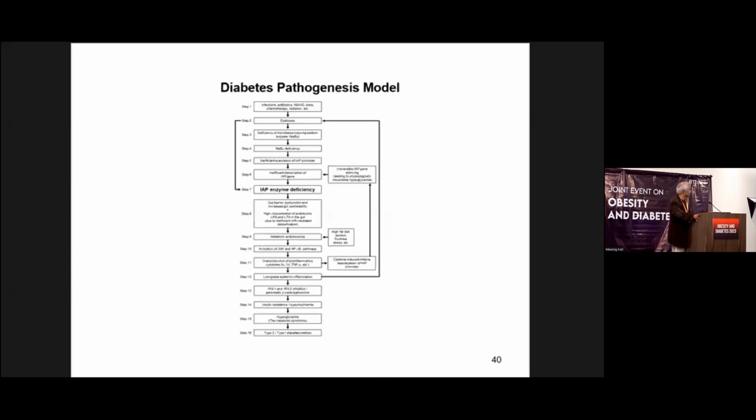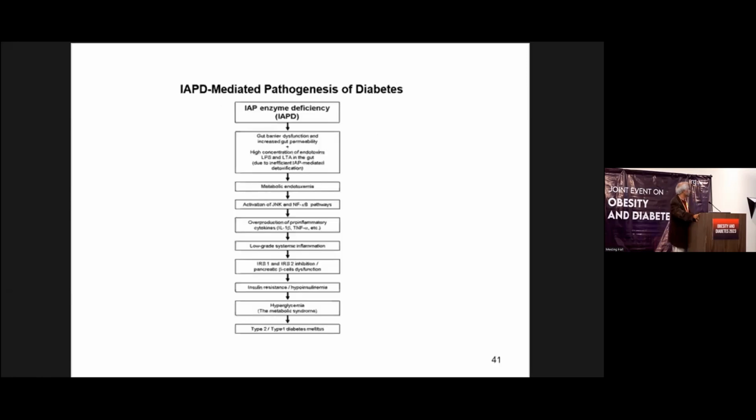And we developed the diabetes pathogenesis model, and it's probably not visible, so maybe just that part is visible. The IP deficiency part: the first part is how IP deficiency develops, and the second part is how IP deficiency causes type 2 diabetes.